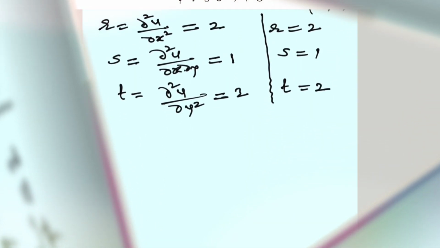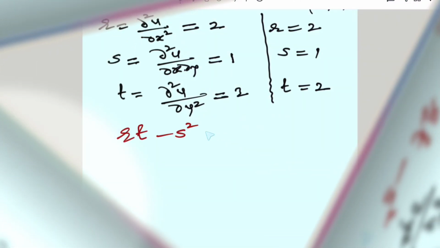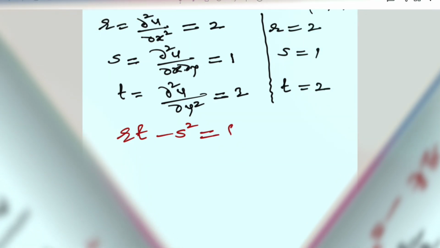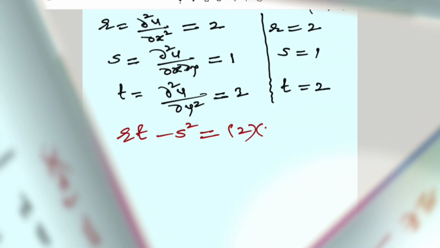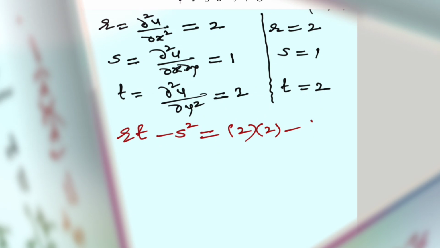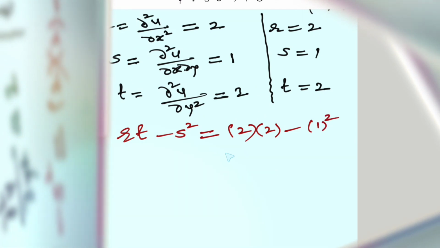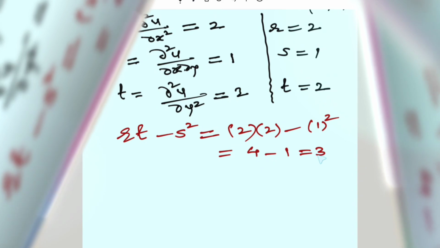Then we have to check the sufficient condition. For that we have to find the value of rt − s². The value of r is 2, t is 2 and s is 1, therefore 4 − 1, we get the value as 3, greater than 0.